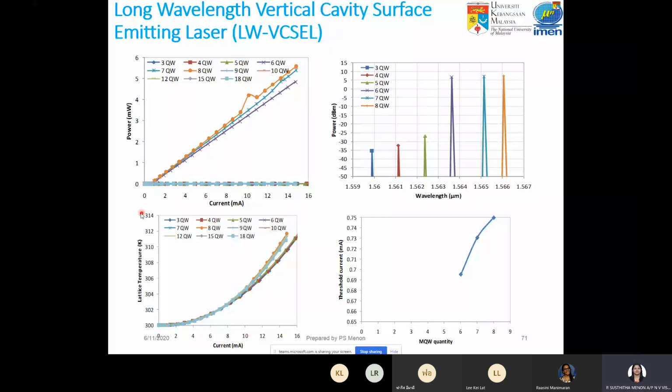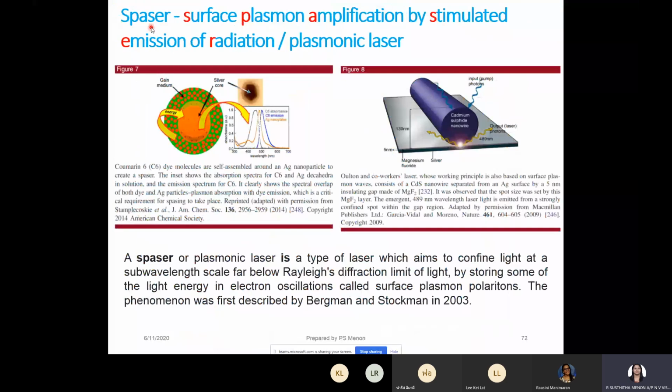I'd like to introduce to you the spaser. Spaser is surface plasmon amplification by stimulated emission of radiation, or what we call a plasmonic laser. We are done with LED, we are done with laser diodes. This is the upcoming latest craze in lasing, called a spaser.